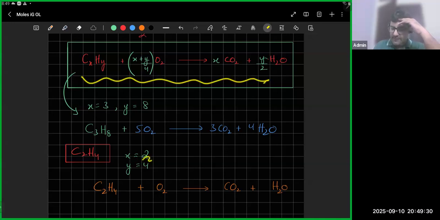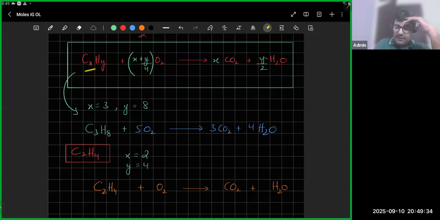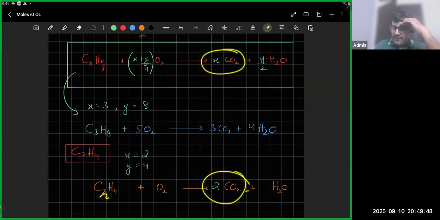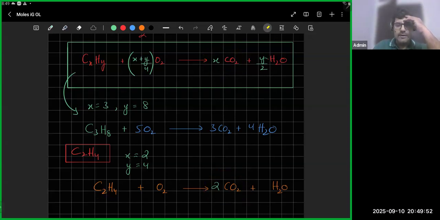Now tell me, if x has a value of 2, the carbon dioxide coefficient would be 2, so I plug in 2 over here. Make sure you compare this with this. Similarly, what is our y?